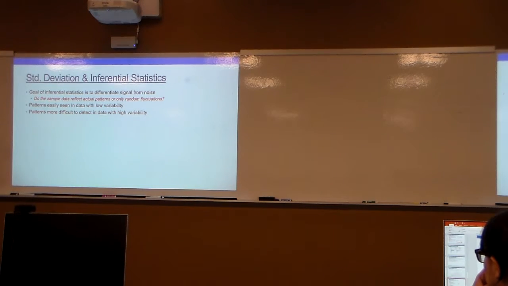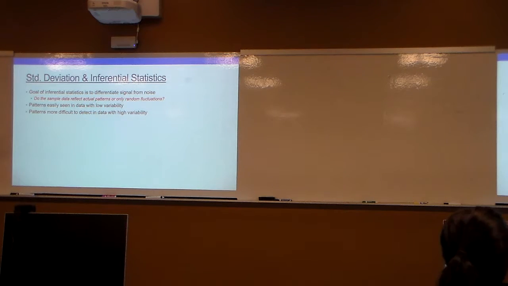So, thinking about how we use this in developing inference, our goal is to separate signal from noise, right? We want to see whether the patterns we're seeing actually reflect something in the population, or are just random fluctuations.